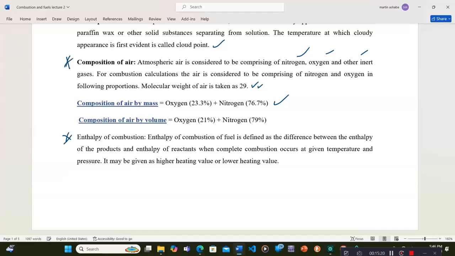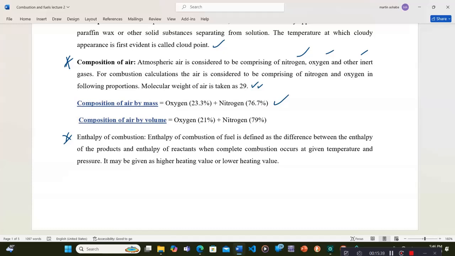Let us talk about enthalpy of combustion. The enthalpy of combustion is the amount of heat produced when 1 mole of a substance is burnt to produce its constituent products of combustion.